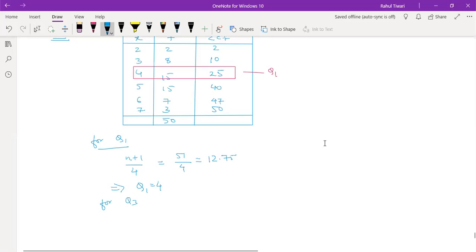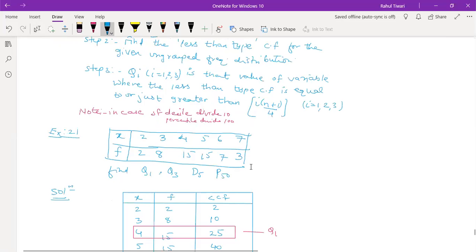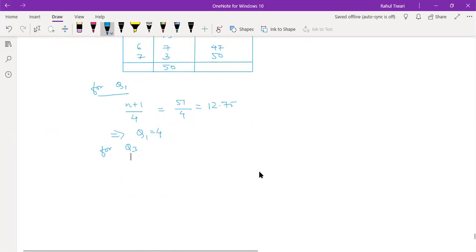Q3 or Q2? Q3. Okay. So what do we find for Q3? It is going to be 3 times (n plus 1) by 4. Calculate this one. That means 12.75 into 3.